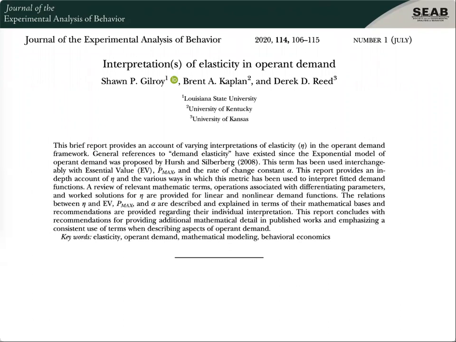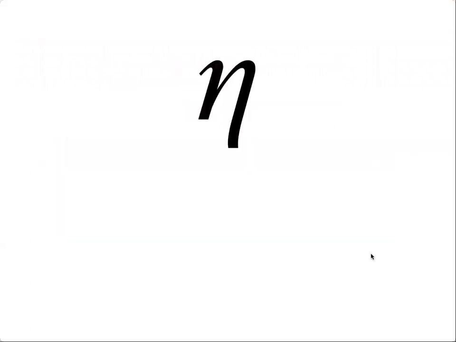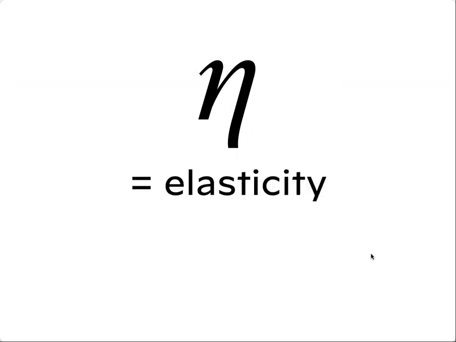But there's a very important piece to this paper and something that I'm hoping we can all agree on today moving forward in terms of our language. So ADA is on the screen, and that is a term that represents elasticity. And so as we start to talk about alpha and what a demand curve gives you, it's important to recognize that elasticity is ADA.